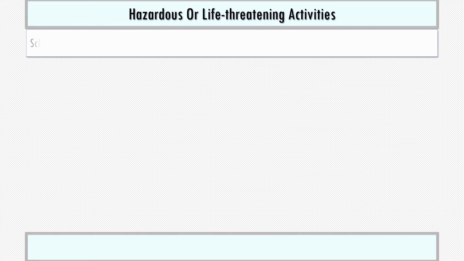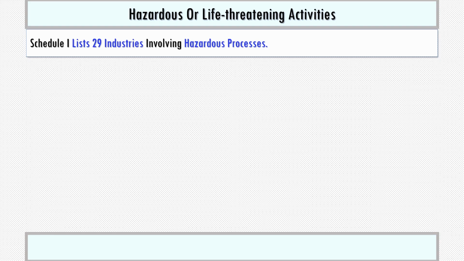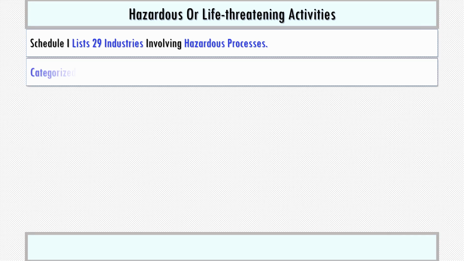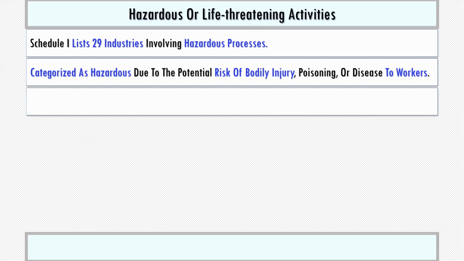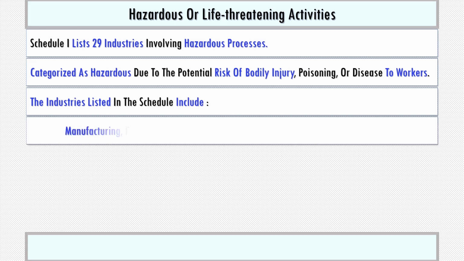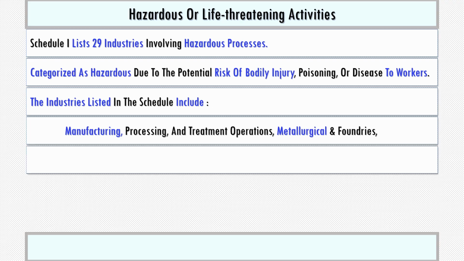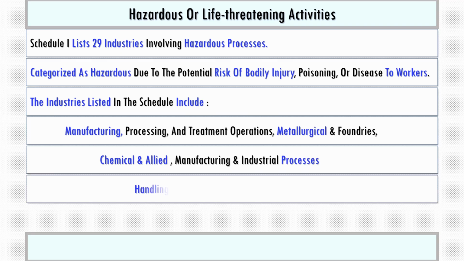The list of 29 industries involving hazardous processes in Schedule 1 to the OSH code duly note the potential risk of bodily injury, poisoning or disease to workers. As the basis for inclusion in the list, the industries listed in the schedule broadly comprise manufacturing, processing and treatment operations, metallurgical and foundries, chemical and allied units, and also include handling of highly flammable liquids or gases.